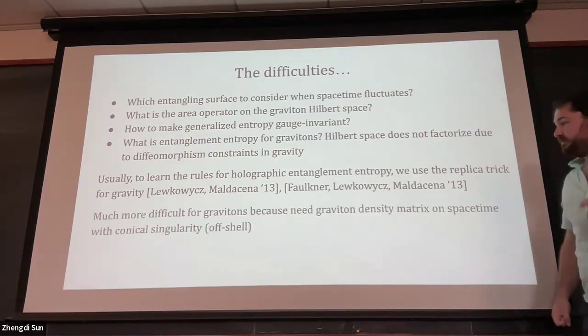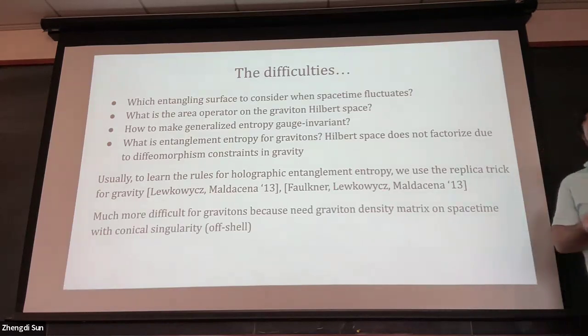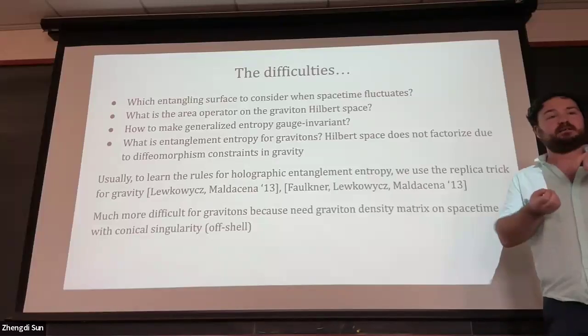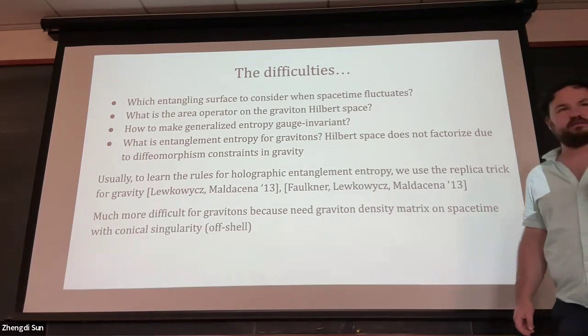But there's a problem, which is if you have gravitons, the spacetimes on which you compute this generalized entropy is actually off-shell when you compute the matter entropy, and it's very confusing how to put gravitons on an off-shell background. So people didn't really know how to do this, and it's still an open problem of how to actually derive these things from the path integral.